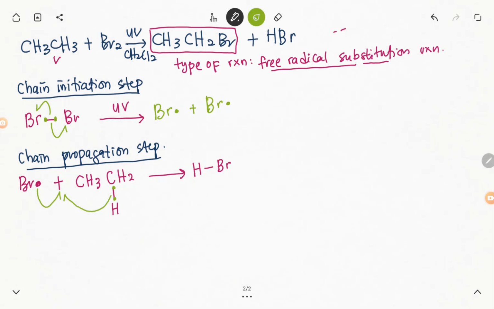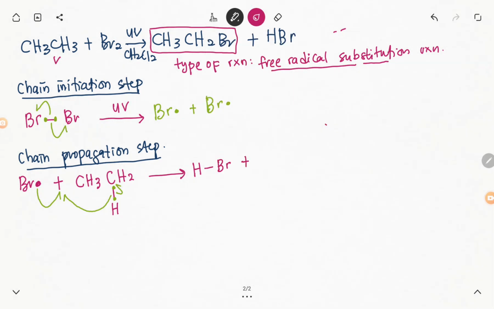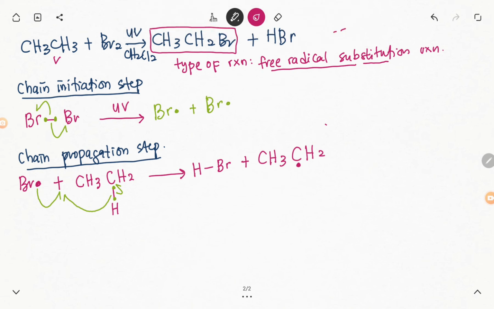At the same time the carbon-hydrogen covalent bond breaks, using another half-headed arrow directed toward the carbon. So the other product formed here is CH3CH2, the carbon free radical. Once we have the carbon free radical, we need to proceed to the next step in propagation.